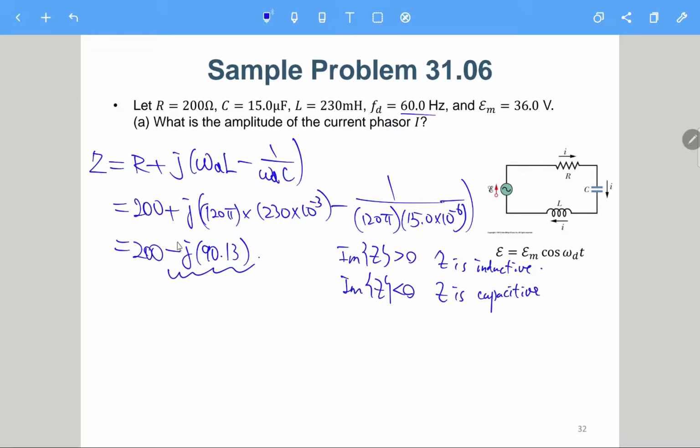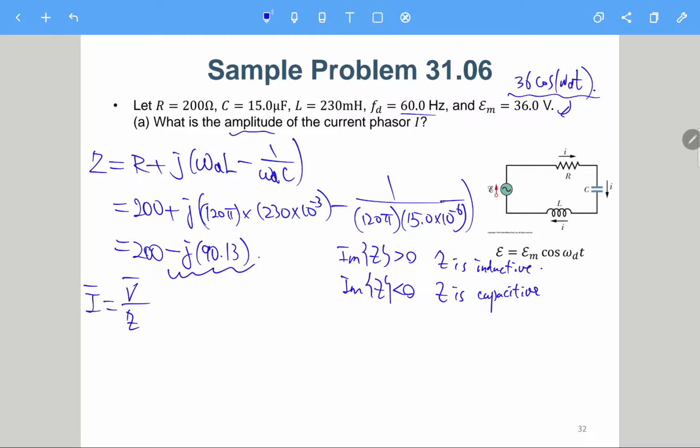Okay, so this is the impedance of this circuit, and the amplitude will be I, the absolute value of phasor I. Or you can find the phasor first. The phasor of I is nothing but the phasor of V over Z. Of course, the phasor of V will be 36, because it is like 36 cosine omega_d t, something like this.